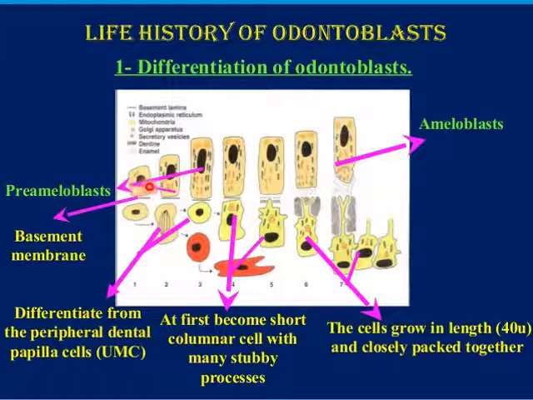The inner enamel epithelium and dental papilla cells will be histodifferentiated in early bell stage, and when odontoblasts differentiate and secrete predentin, the stage is called advanced bell stage. If you focus here on the differentiation of odontoblast, this is undifferentiated, becomes mitotic division, differentiated from the peripheral dental papilla.